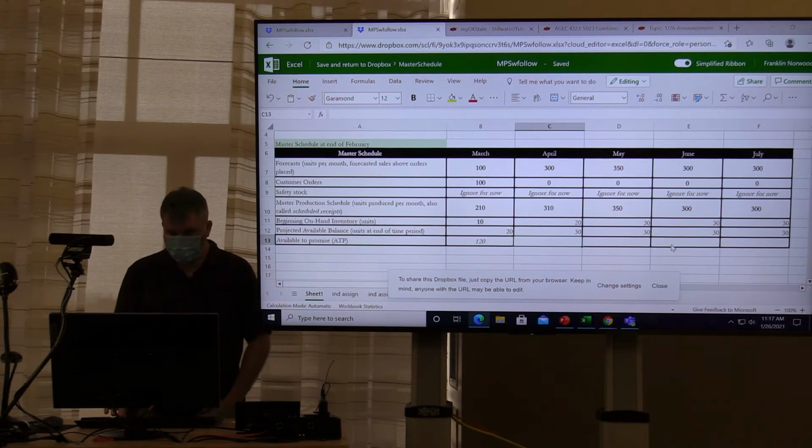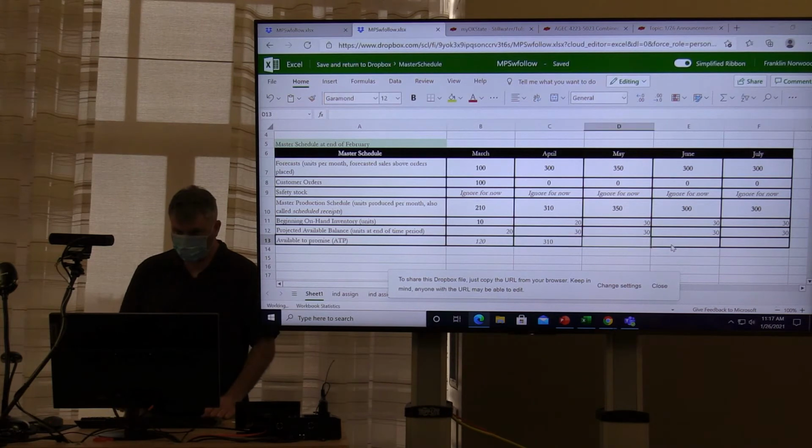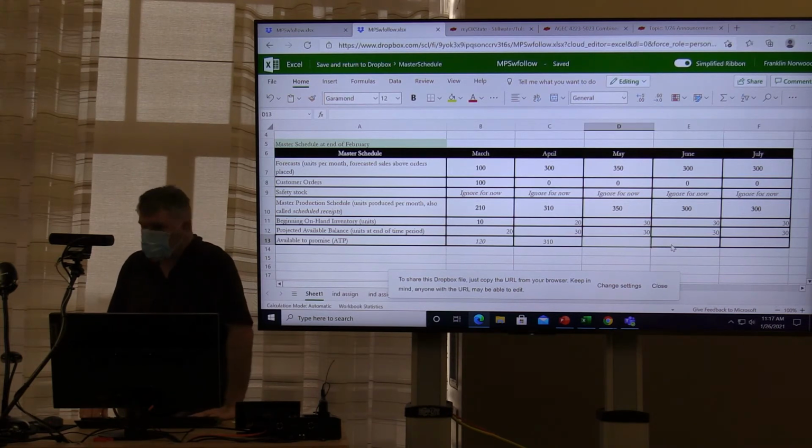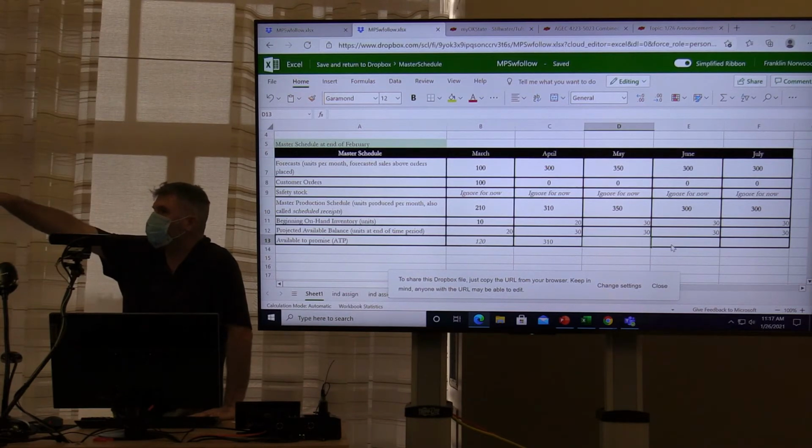And so what we're doing here, for April, how much y'all think we can promise people for April that they can buy? 310. Yeah. One of the two guys in the corner over there.